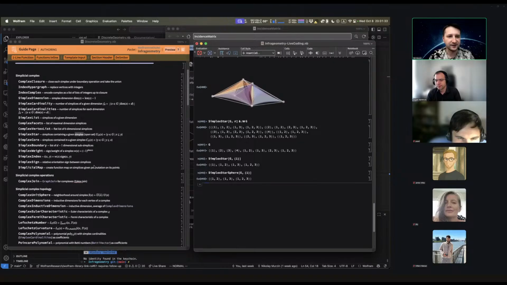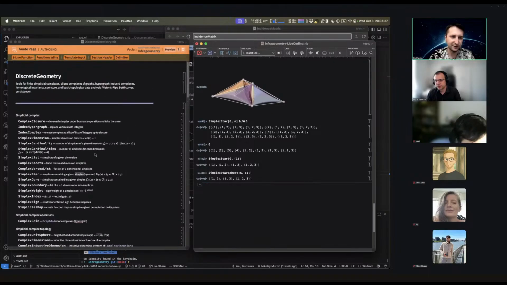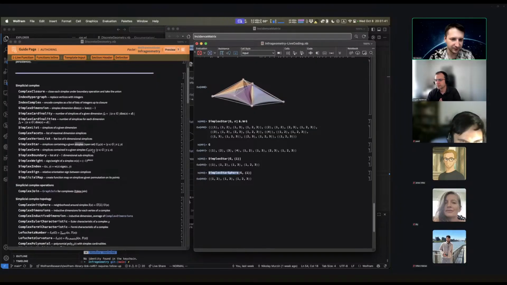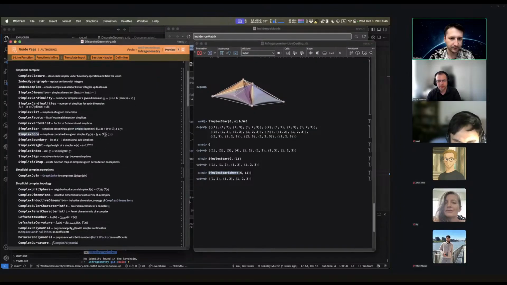One of the goals of this project is to have these definitions. They're very straightforward; we just have to name them and create them so that we can then refer to them. The core is the other way around. The simplex core of a particular simplex is what is contained in it.